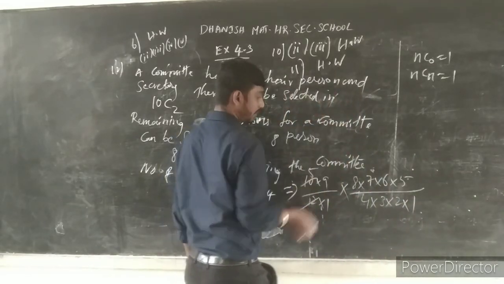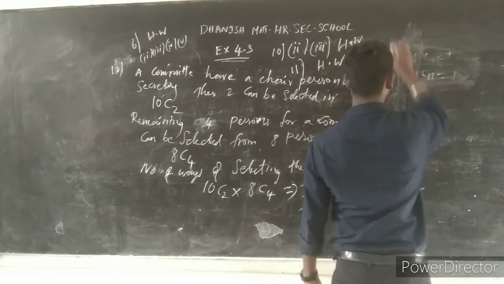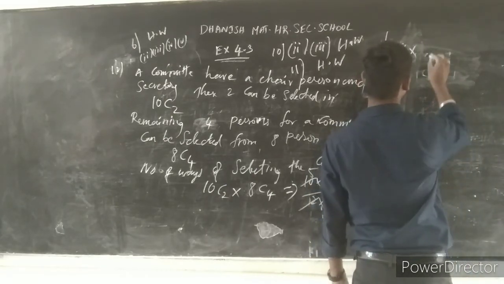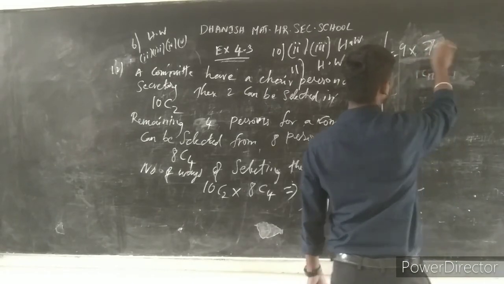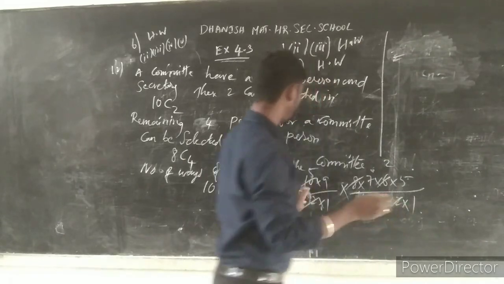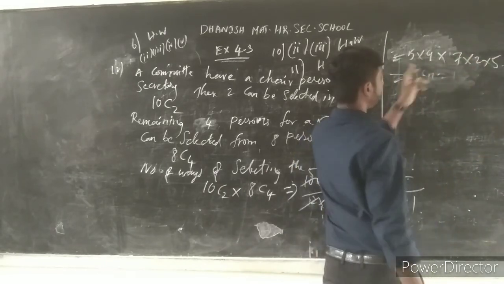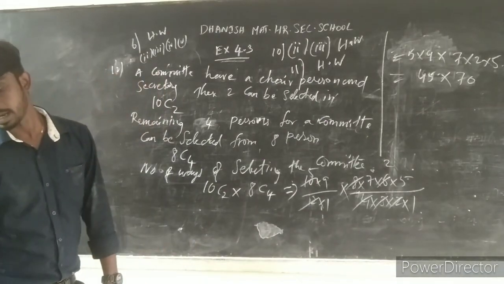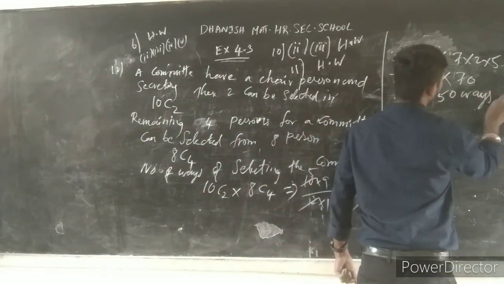We cancel and get 5 into 9 into 7 into 2 into 5, sorry, a little mistake earlier. 5 into 9 is 45, and 7 fives are 35, 35 into 2 is 70. Now multiplying, you get the answer 3150 ways.